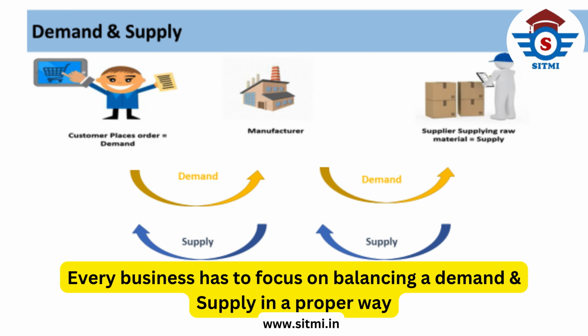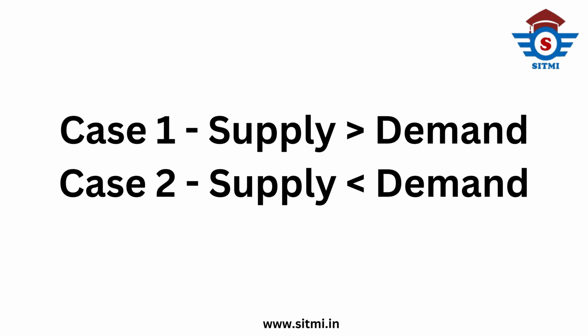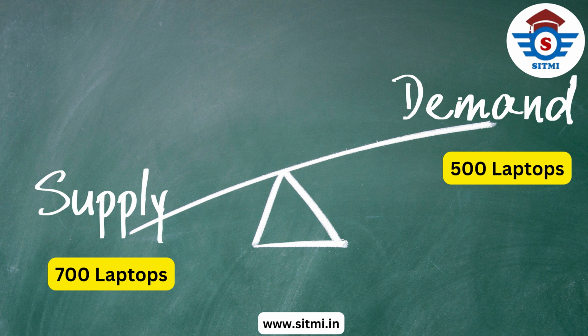So let's consider one case where supply is more than demand, and a second case where supply is less than demand. In our first case, where supply is more than demand, that means I can supply more products than the demand in the market. Assume that demand in the market for laptops is 500 quantity, but I can supply 700 quantity, and for that I have machinery, labor, warehouses, and raw material placed for all these 700 quantity.